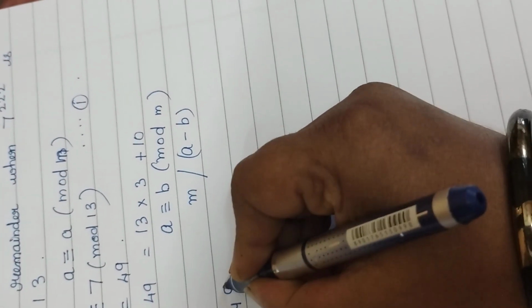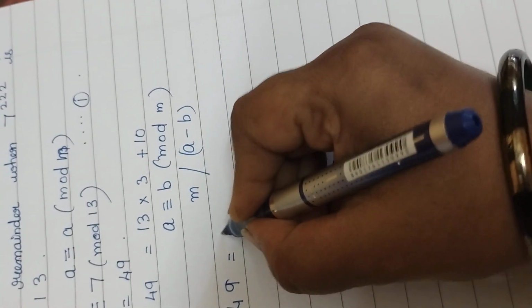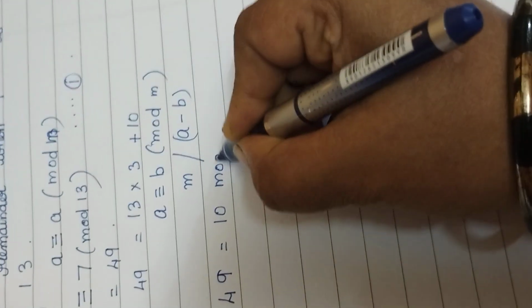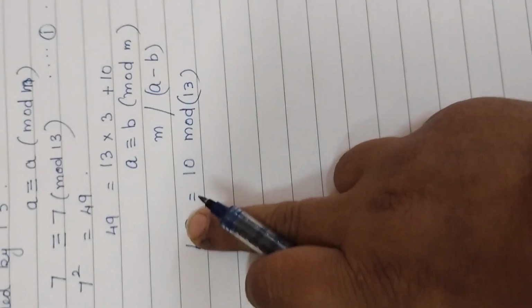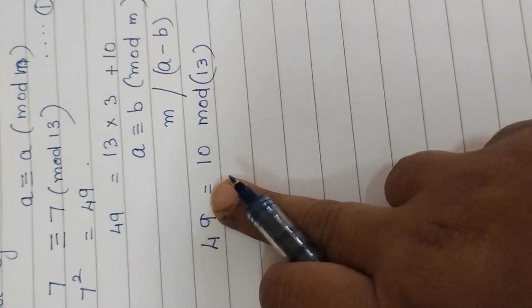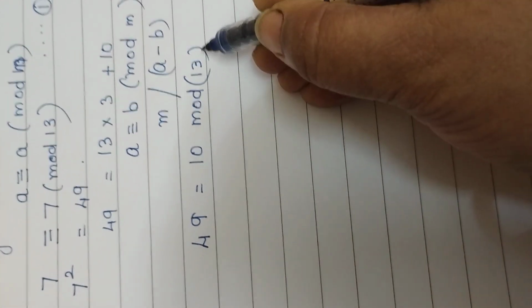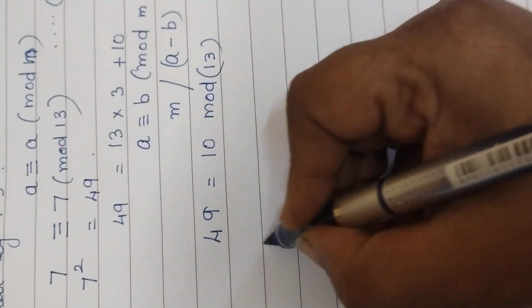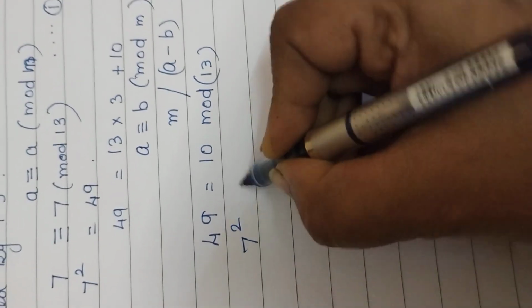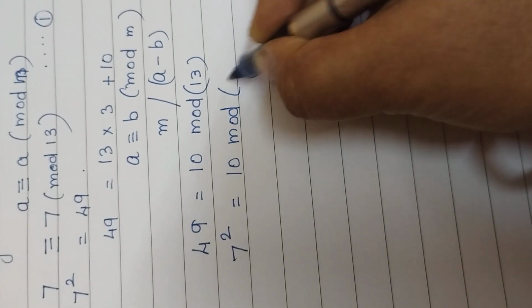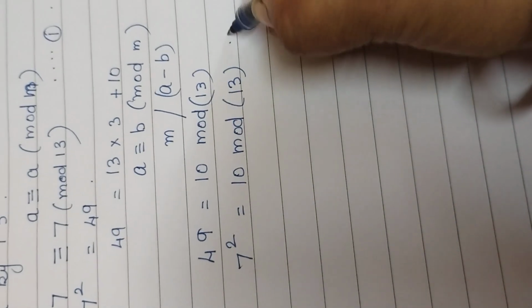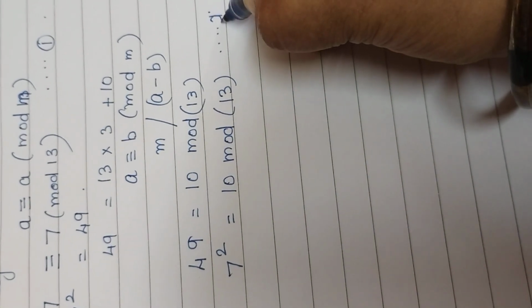So 49 is going to be 10 mod 13. So 49 minus 10 is 39. 39 will be easily divided by 13. So you can write it as the second equation: 7 square is equal to 10 mod 13. This is the second equation.